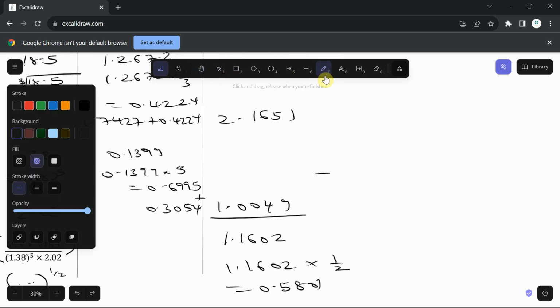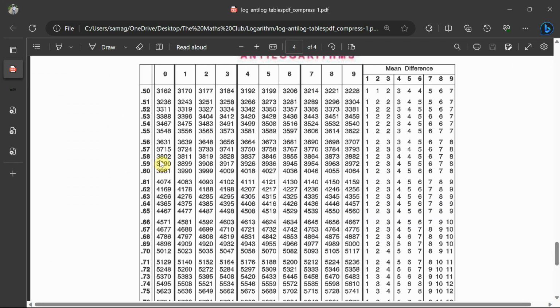I'll convert to a number using the anti-log table. This 0.5801 is saying 10 raised to the power of 0.5801. So I'll go to 0.58 under 0 difference 1. So this is 3802 plus 1, that is 3803.